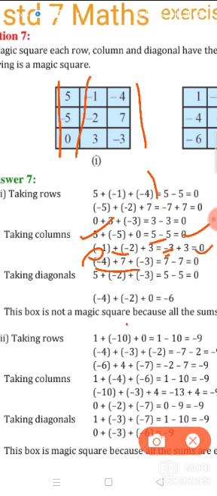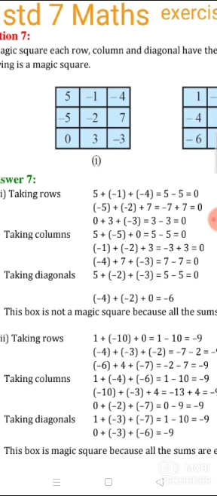Here a mistake is given, we will do the correction over here. 7 minus 4 becomes 3. While comparing 4 and 7, 7 is greater and it has a positive sign. And after it plus minus becomes a minus. So 3 minus 3 becomes 0. Here again we are getting the answer 0.